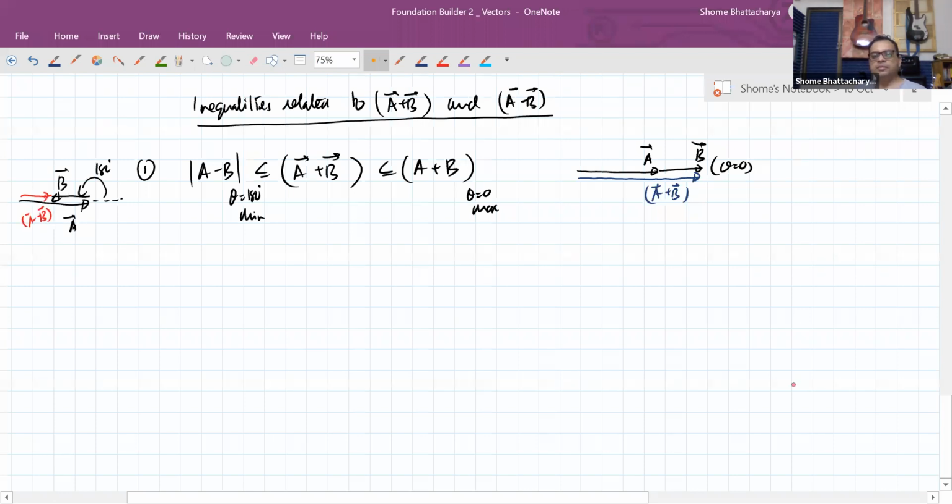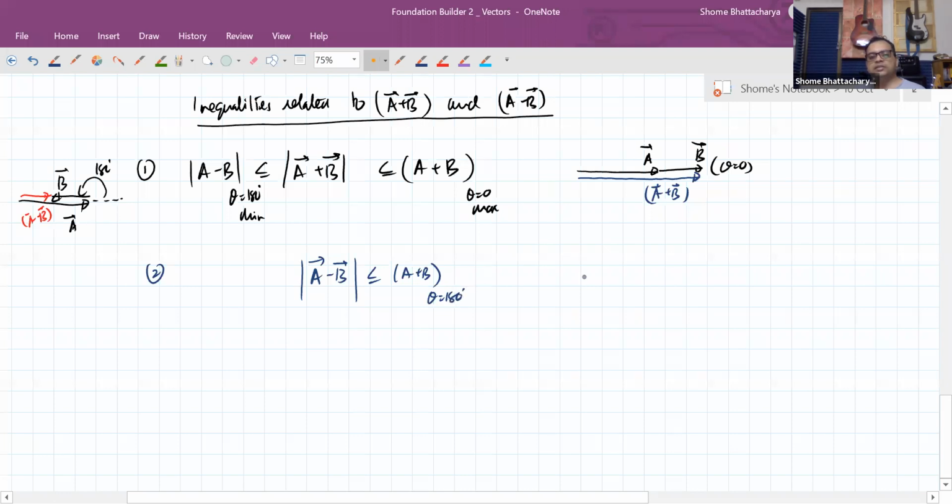Okay, but apart from this, also when we talk about, sorry, this should be magnitude. Also when we talk about the magnitude of A minus B, this also has a maximum of A plus B, but the difference is this occurs when theta is 180.